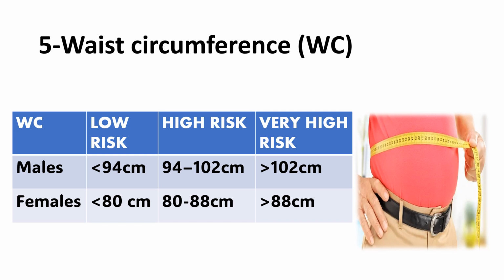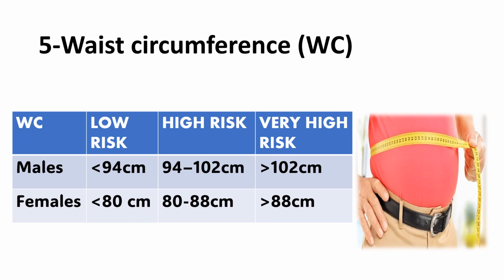Waist circumference. Waist circumference is a measure of abdominal fat level. The cut-off points of the waist circumference vary between racial and ethnic groups.